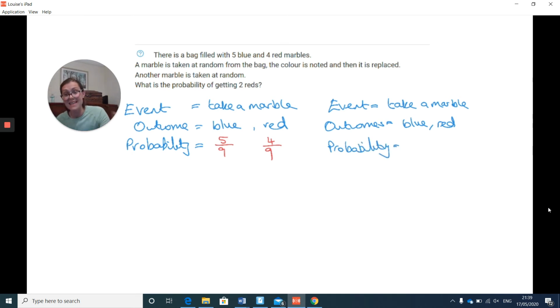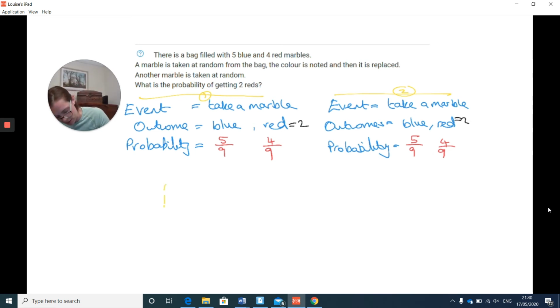Well, they're exactly the same because you put that marble back in. So blue is still 5 over 9 and red is still 4 over 9. But from this information, I can now tell you that there are going to be 2 columns to my tree diagram, and each column is going to have 2 branches coming from it, 2 branches.